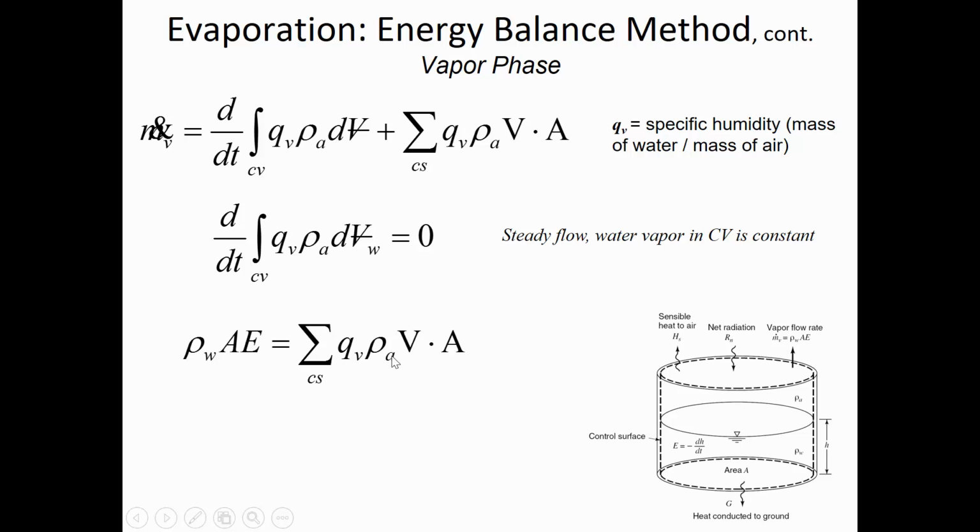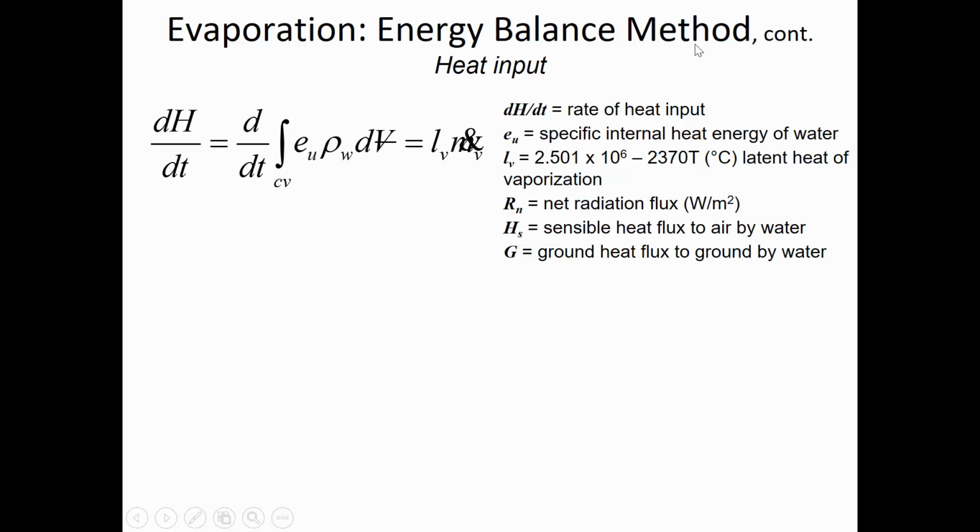And then we have the density of the air, velocity of air, and the cross-sectional area above the pan. So you can rearrange all of that and solve for the rate of evaporation. And it's related to the humidity, the movement of air over the surface of the water, and this is the energy balance method. And it allows us, oh man, all these formulas are screwed up.